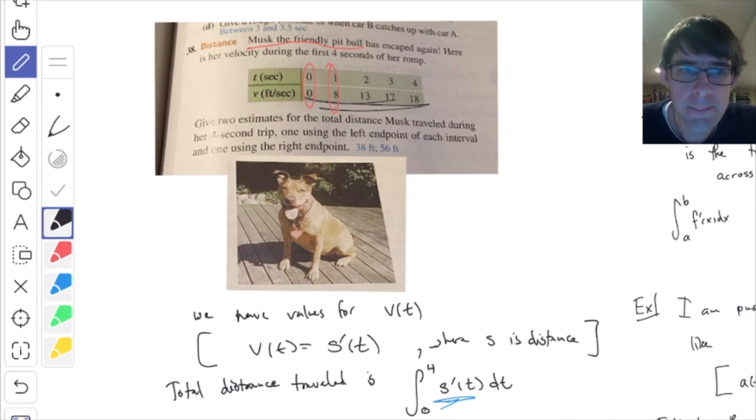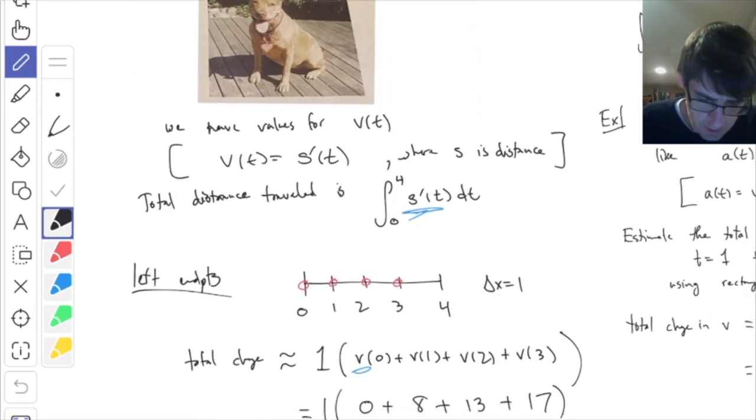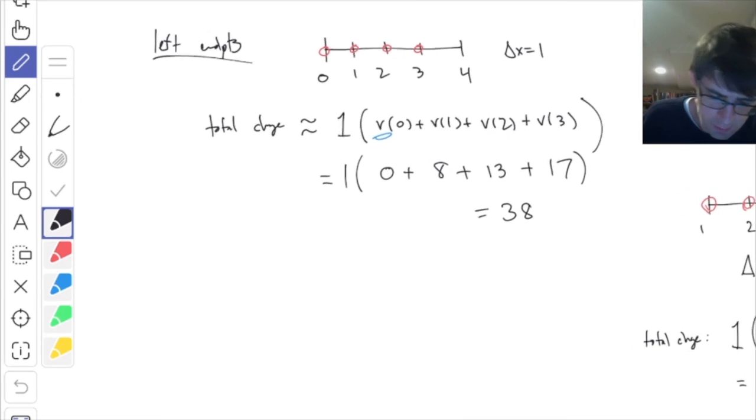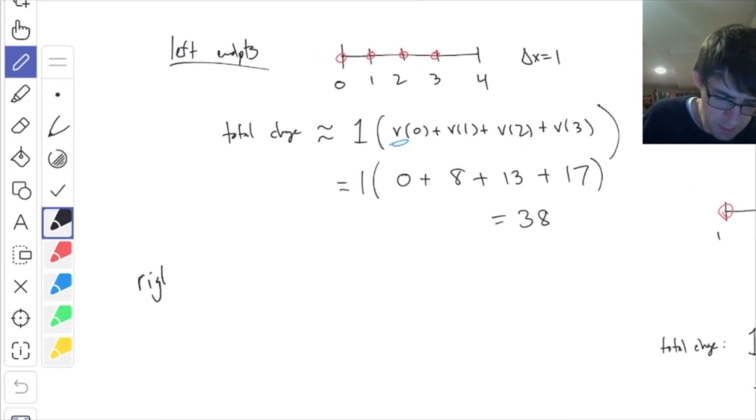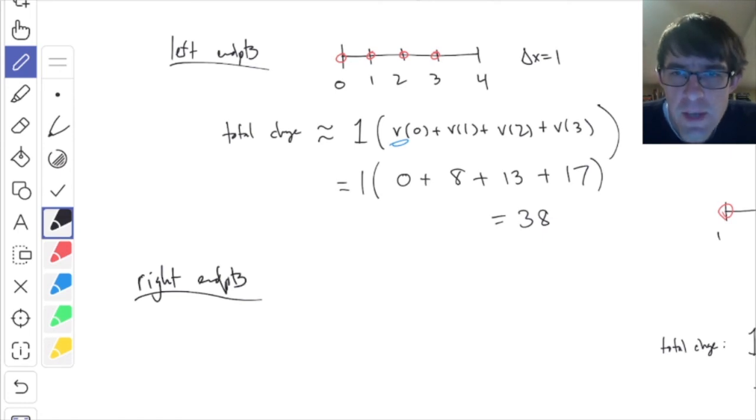Just for the sake of doing the whole problem, that was the left endpoint, so let's do the right endpoints. I think I mentioned this in the video, but this type of problem is actually much more realistic in the real world. Usually when you're measuring things in the real world, they don't have formulas. All you get is a bunch of individual data points.